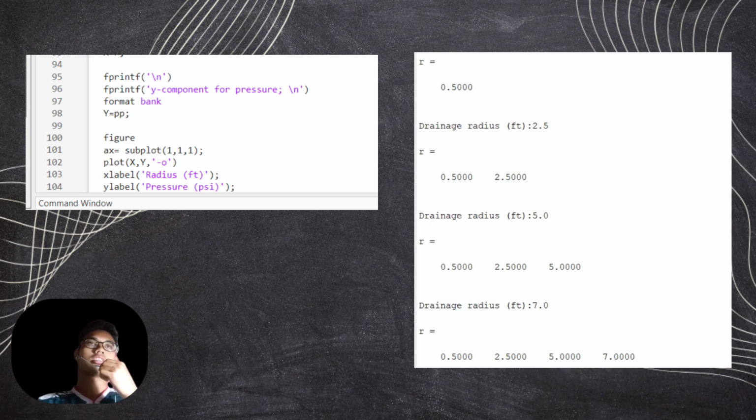We input 10 drainage radius data points with an interval of 2 feet from 0.5 feet until 750 feet.